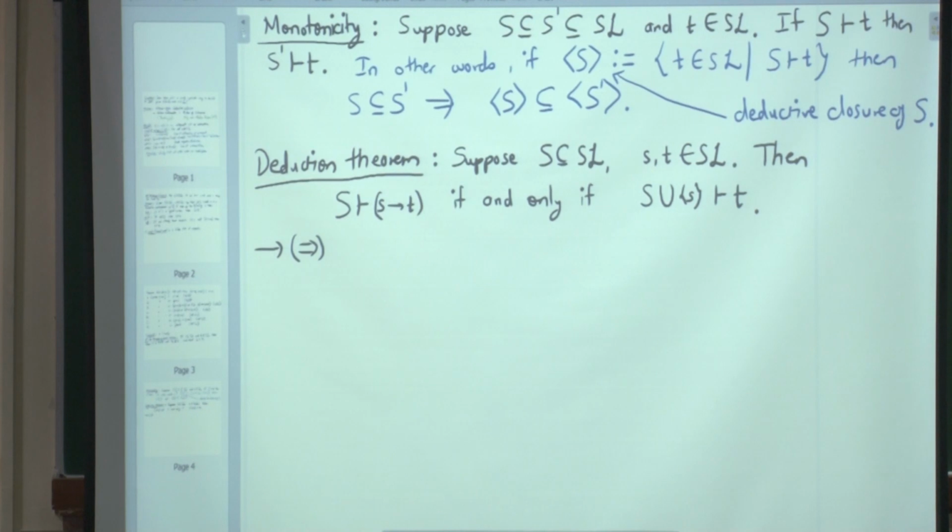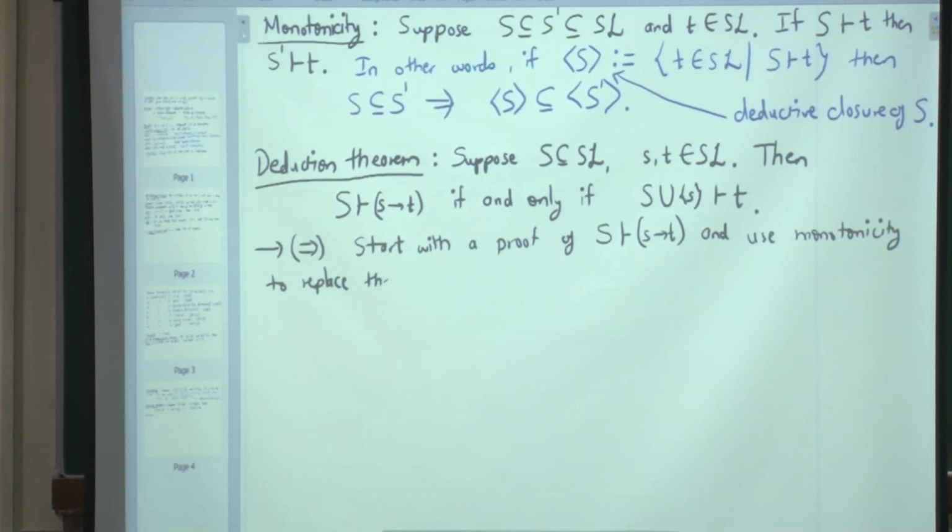So start with a proof, and use monotonicity to replace the LHS of each line by S union singleton s.